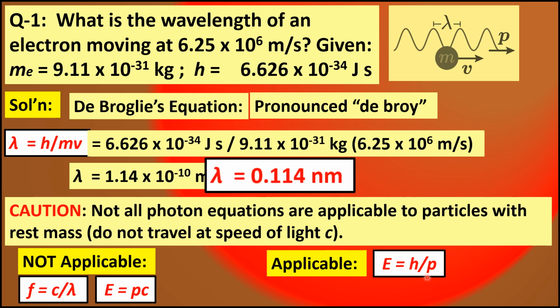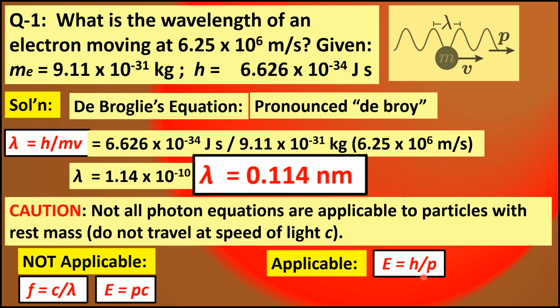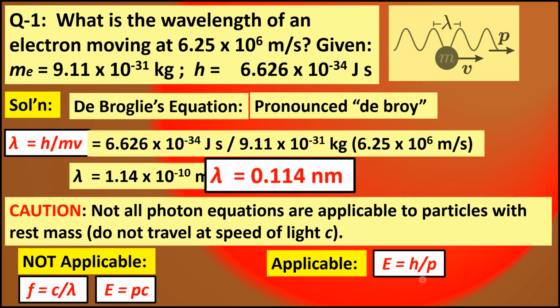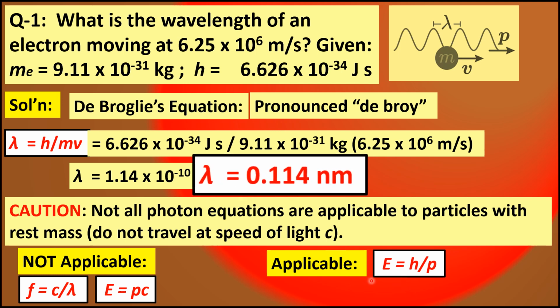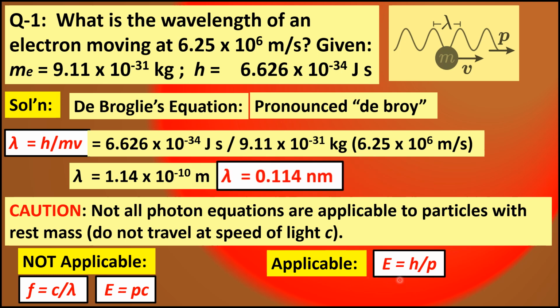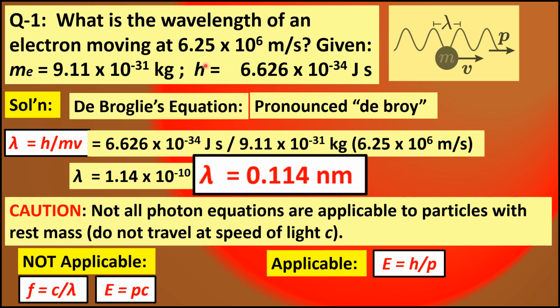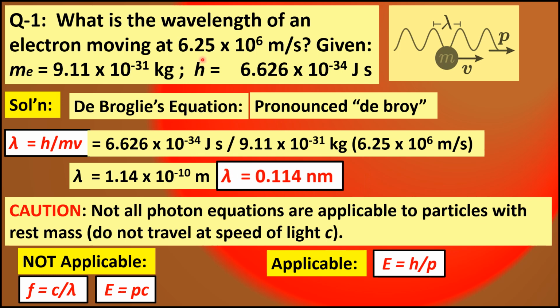For more clarification on that, I suggest you watch my previous video on the photoelectric effect. So again, this formula will also apply to particles like an electron whose given velocity or speed is far below the speed of light.